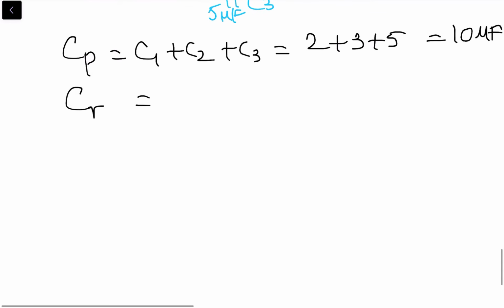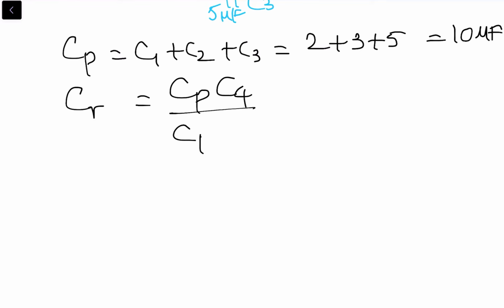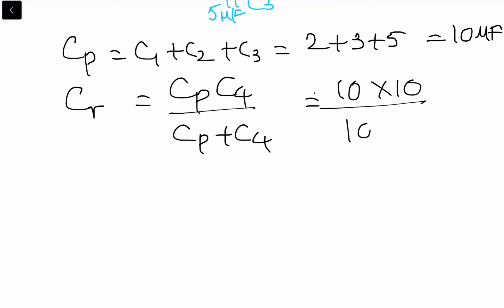When two capacitors are in series, I told you the formula, that is C1 C2 by C1 plus C2, the general formula. But in this case now, we are taking Cp and C4. Therefore, we get Cp into C4 by Cp plus C4, that is 10 into 10 by 10 plus 10.